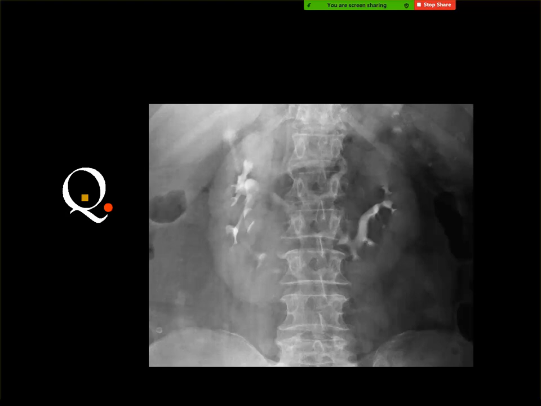Horseshoe kidney. And you see here that the calyces are distorted and there is what looks like a tumefaction in this particular area. Do you think that this is benign or malignant?